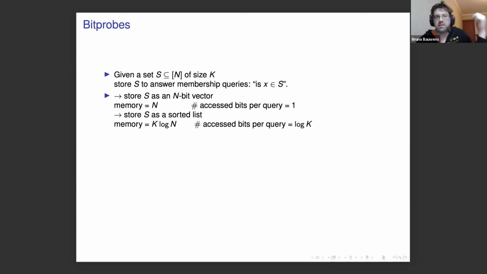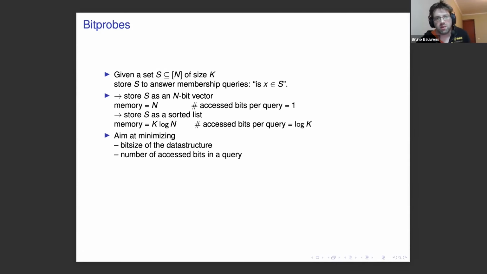Okay, next. It turns out we can combine both features. We can make a data structure that reads just one bit and has size close to k log n. That's called a one-bit query probe: a data structure that reads just one bit when you make a query and gives the answer with high probability.